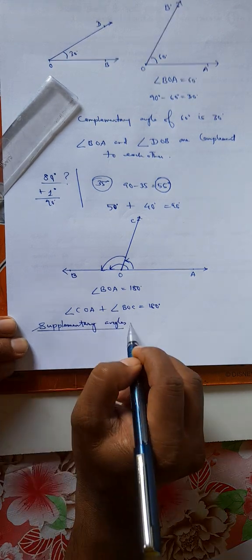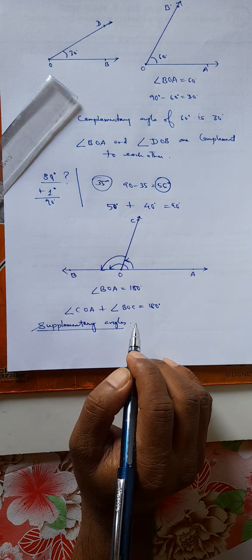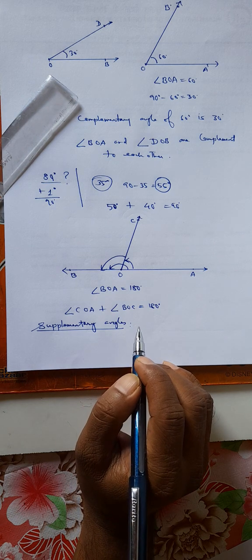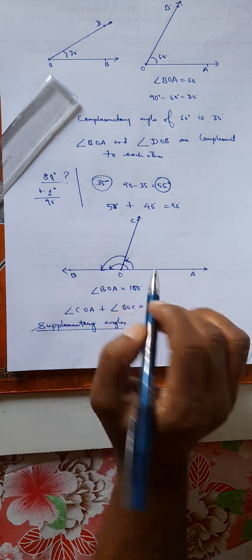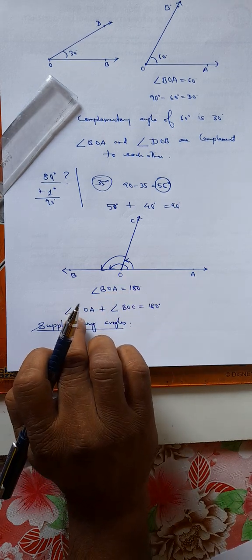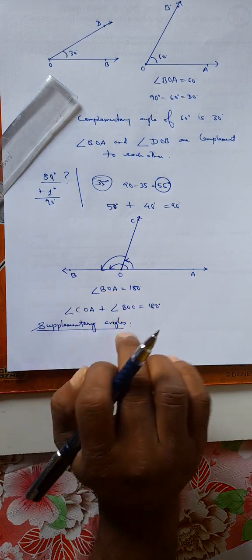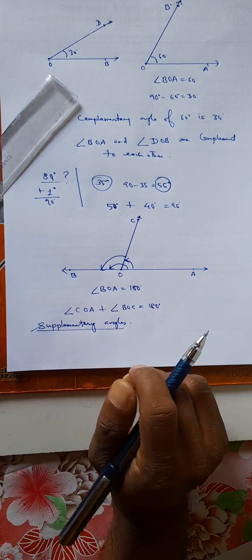Supplementary angles, right? So what is supplementary angles? A pair of angles are said to be supplement to each other if the sum of their measurement is 180 degree. So supplementary angle of COA is BOC, or supplementary angle of BOC is angle COA.